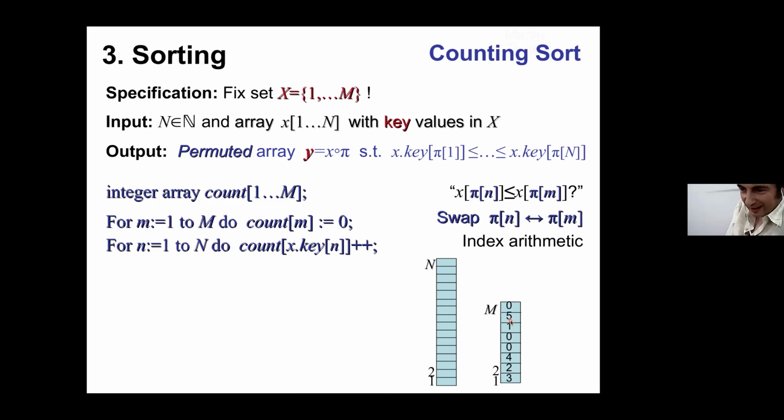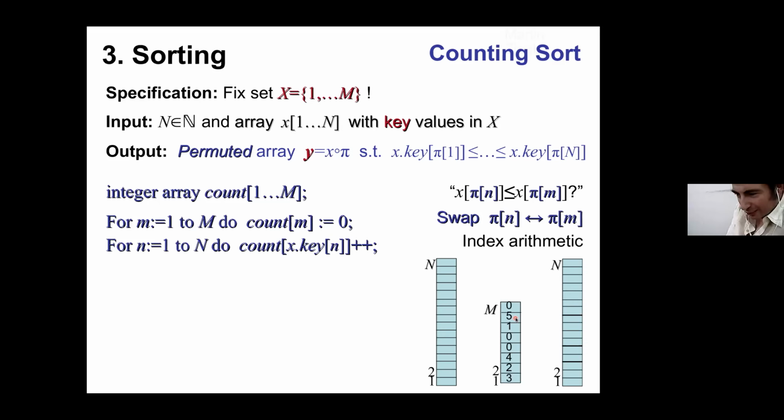Once I have this, for example, I have keys from 1 to m, and key 1 occurs 3 times, key 2 occurs twice, key 3 occurs 4 times, 4 and 5 do not occur, 6 occurs once, and 7 occurs 5 times.